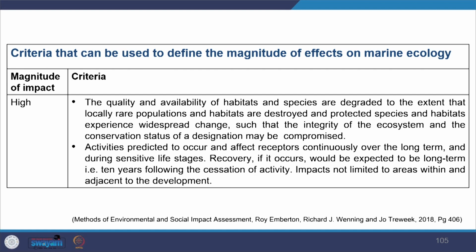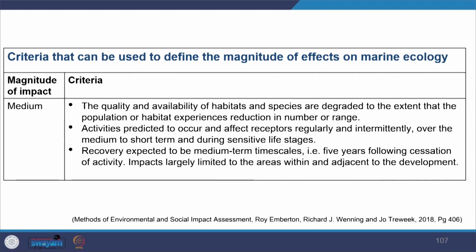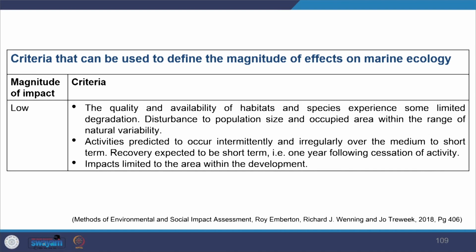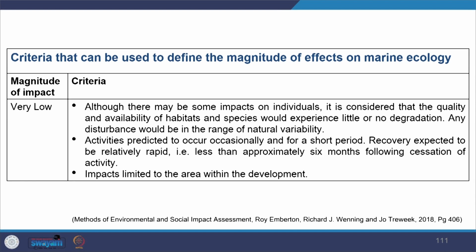The integrity will be disturbed and compromised, so the impact would be considered high. Likewise, where the integrity is not much compromised, it would be considered medium, and where it is recoverable, then it would be low, and to a certain extent very low.